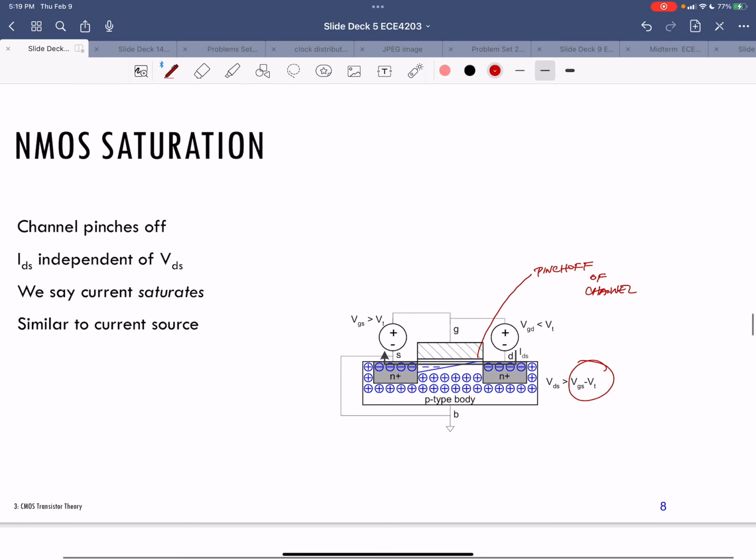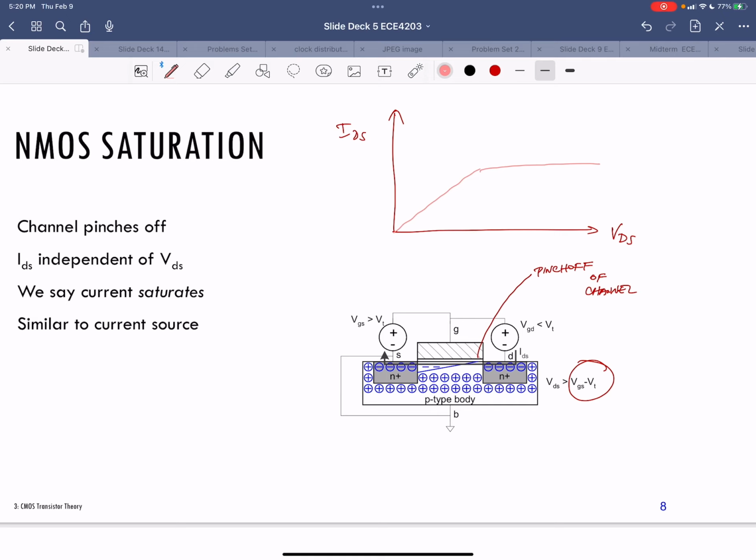So if I make the VGS value something and I look at IDS, initially I get a linear current increase with the drain source voltage, and once I hit this pinch off voltage, I no longer get an increase in IDS.